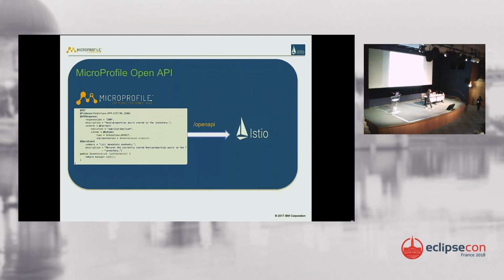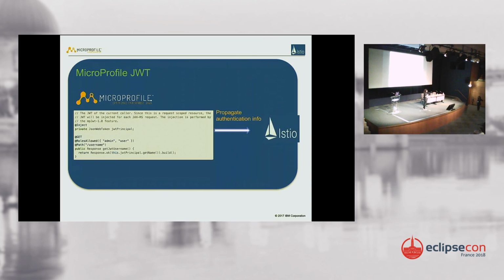This is MicroProfile Open API. Basically, the application needs to advertise itself: what do I do, what kind of endpoint am I providing? And there's no conflict between MicroProfile and Istio. The next one is MicroProfile JWT. This is a very nice spec.